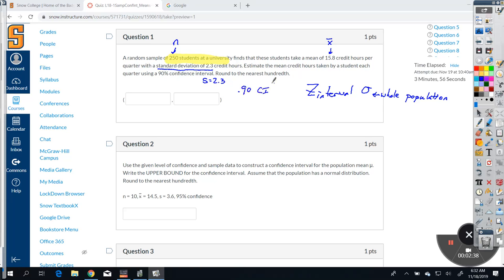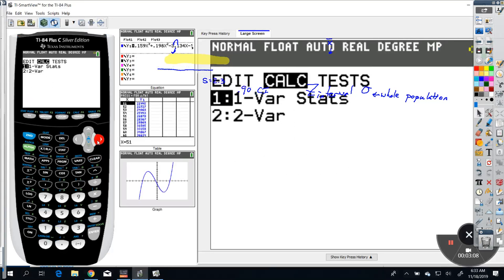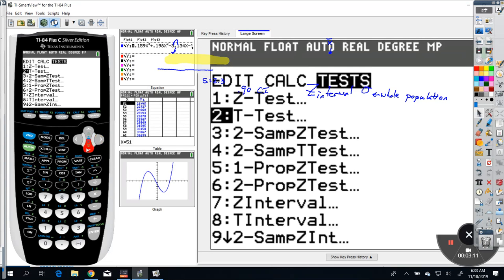So now we're going to go to our calculator and type this stuff in and get an answer out. So let's go to our calculator. We're going to go stat, test, T interval.